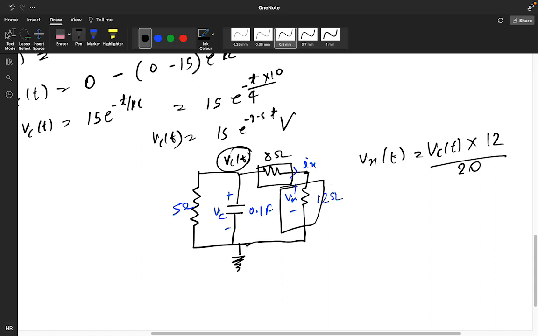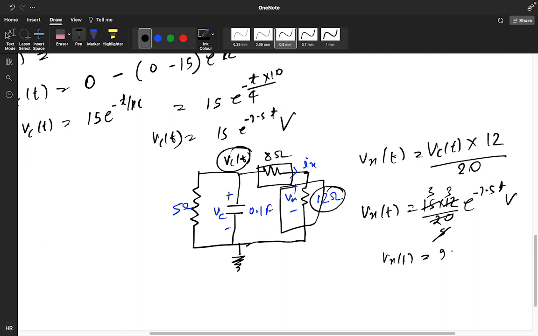This is multiplied with this and divided by this plus this. So Vx of t is 15 into 12 divided by 20 e power minus 2.5 t volt. So Vx of t is 9 e power minus 2.5 t volt.